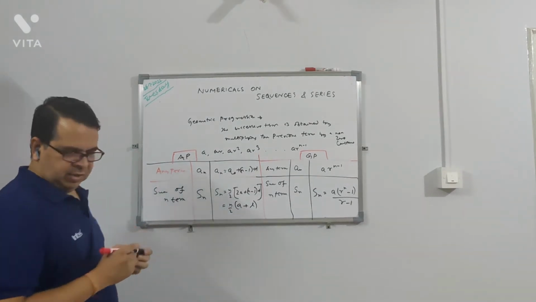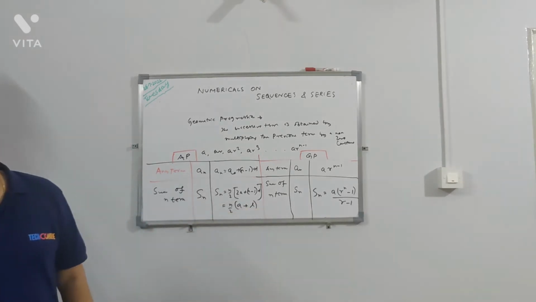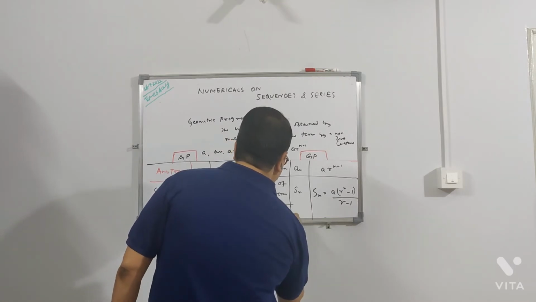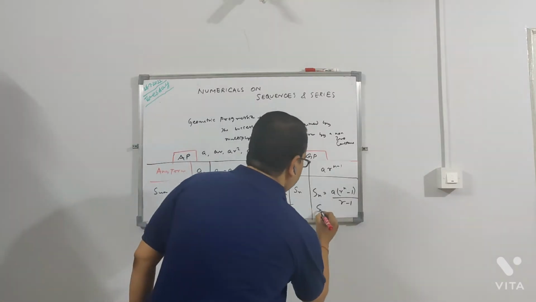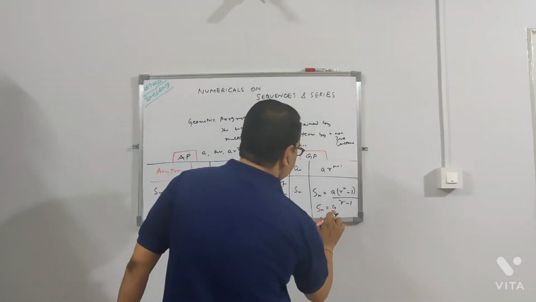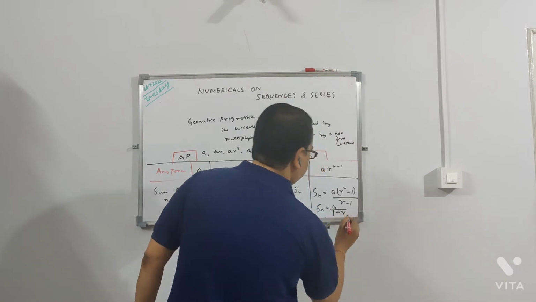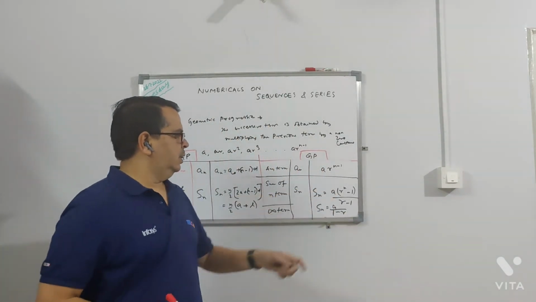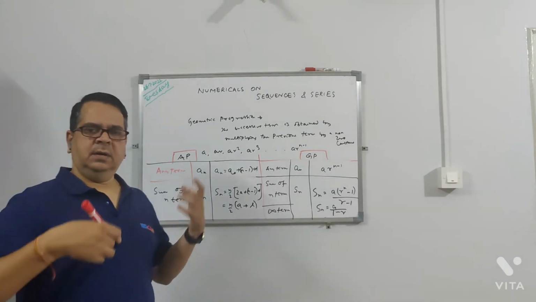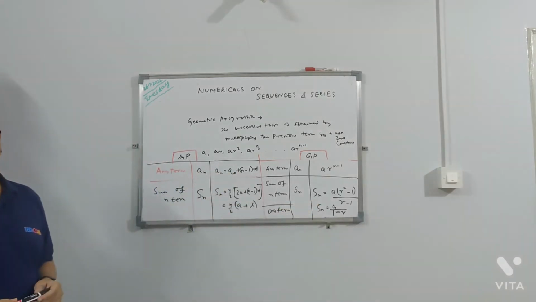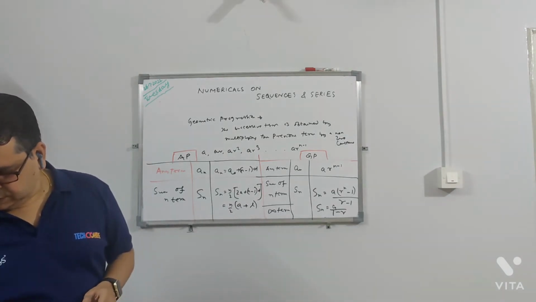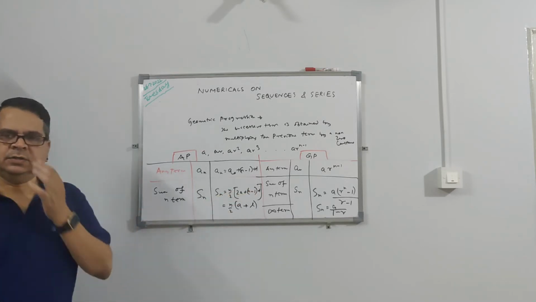And if you have an infinite number of terms, the formula for Sn becomes a by 1 minus r. Some questions can be like this. It is because r to the power infinity becomes zero if r is less than 1, so this simplifies to a by 1 minus r. So that is for infinite terms, and you have to remember that also.